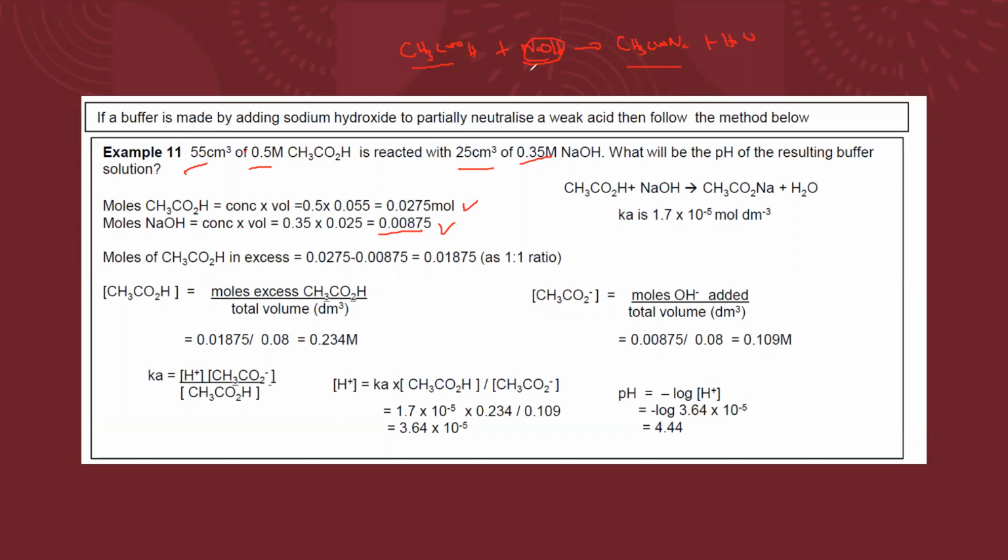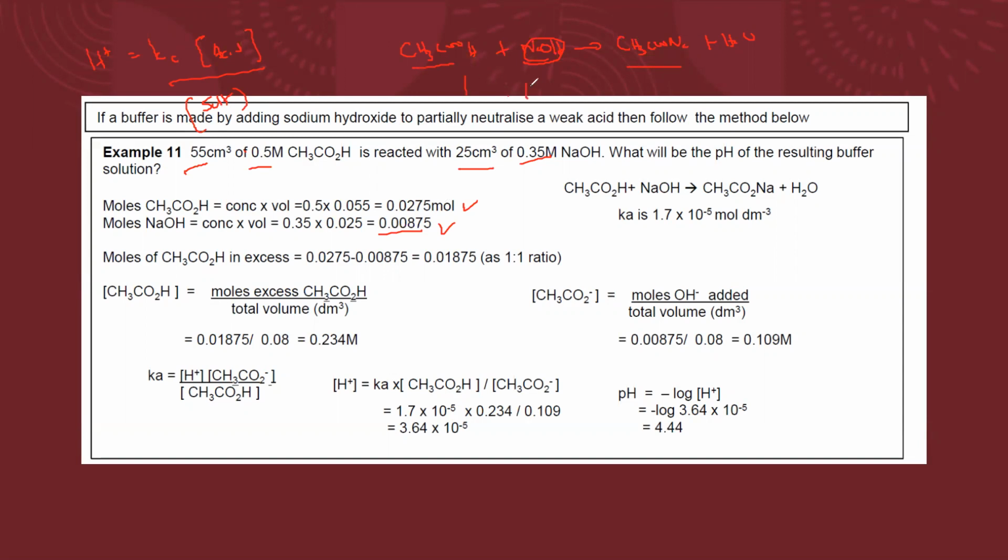To get the pH, first we'll find the hydrogen ion concentration. We know hydrogen ion is equal to Ka for a buffer solution, times the concentration of acid divided by the concentration of the salt. But now, because the original moles are not the same as the moles left in the solution, the original moles were 0.02, but how many moles are left?